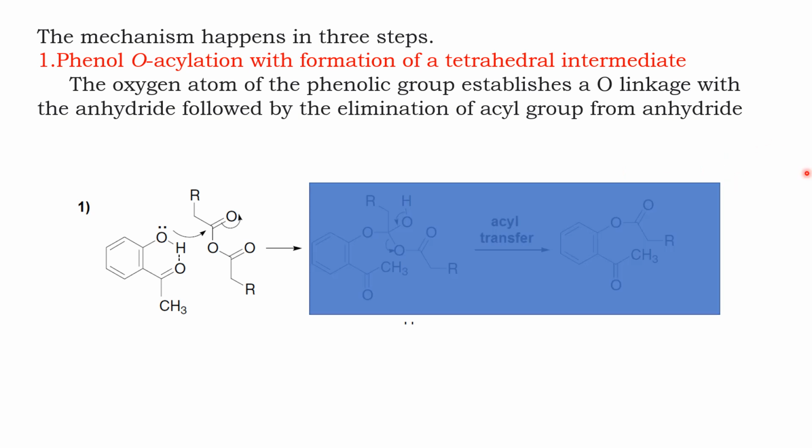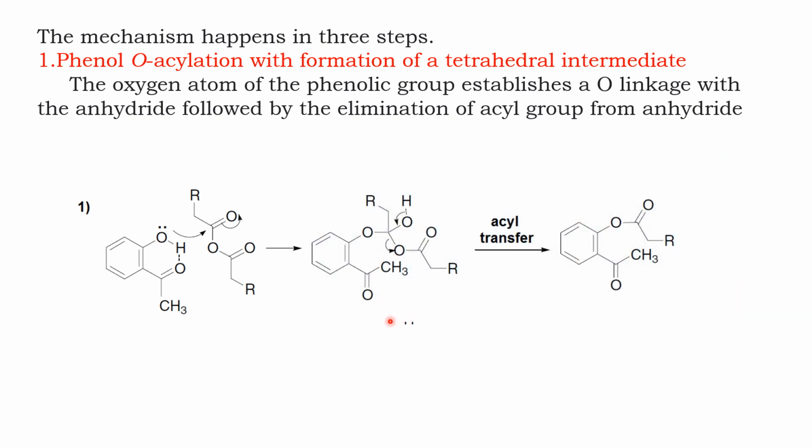See the product. So the oxygen is establishing a link here. This was O minus, now it becomes OH. Now see here, this transfers the electrons to the oxygen, so that a C double bond O establishes here.